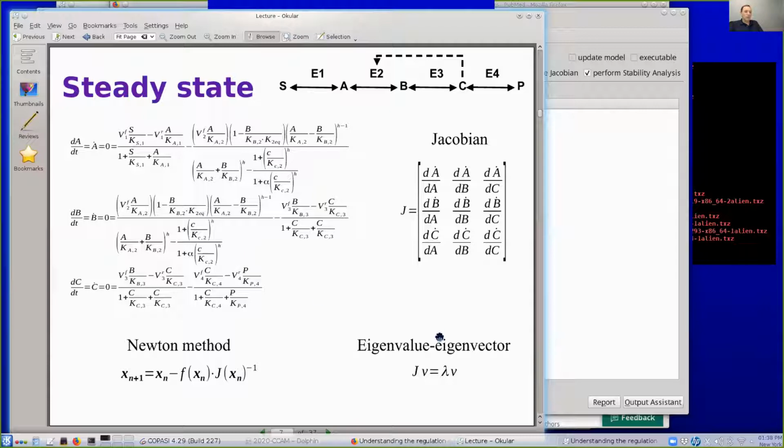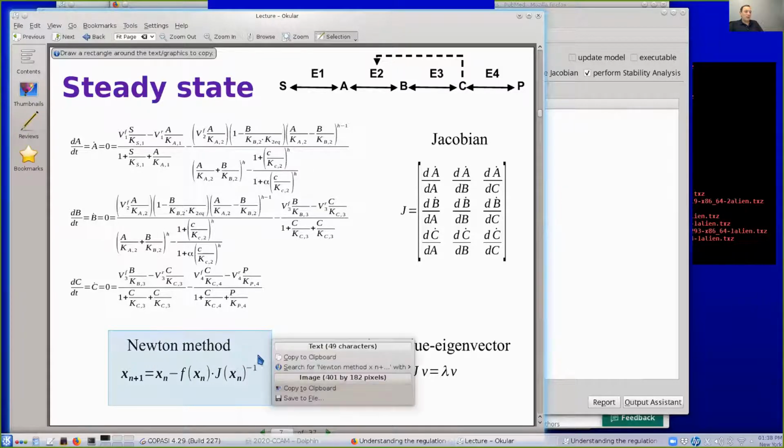I'm mentioning this because we can calculate those things in COPASI. I don't want to go through the theory very deeply. So if this is rather overwhelming from the mathematical point of view, just take the following message. There is a method that COPASI uses to calculate the steady state, so we can get the set of concentrations that exist when the fluxes are 0.